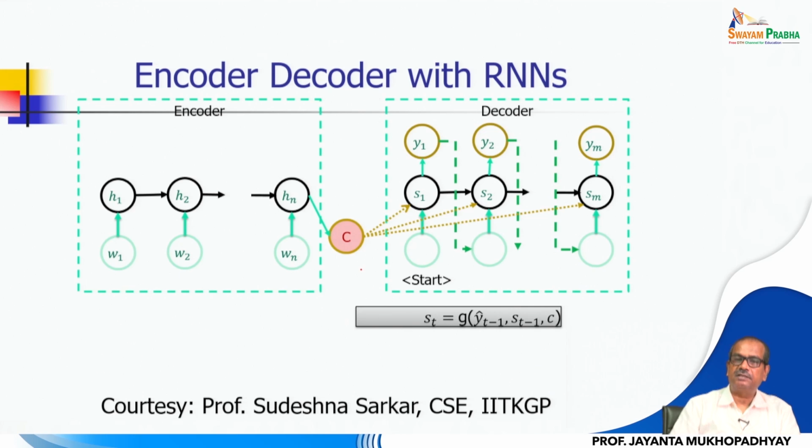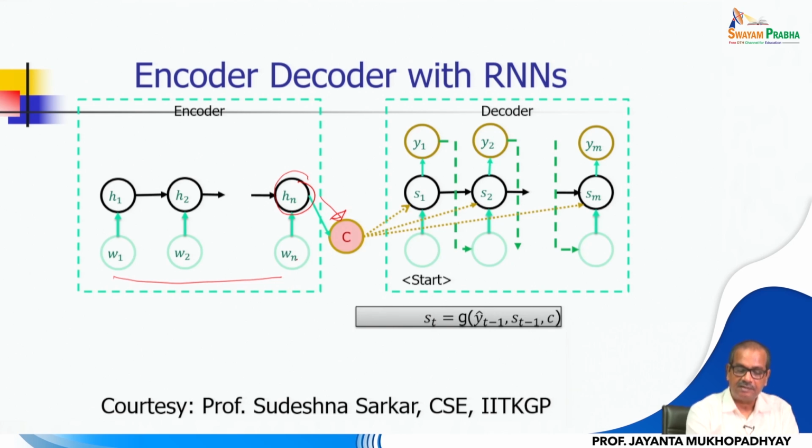One of the applications of RNNs, particularly in sequence translation, is shown here. Suppose this is a sequence W1 to Wn, and you are modeling it; you get this variable, which finally gives you the context. When it becomes stable, or at the end, this is your context, and that is used during decoding.